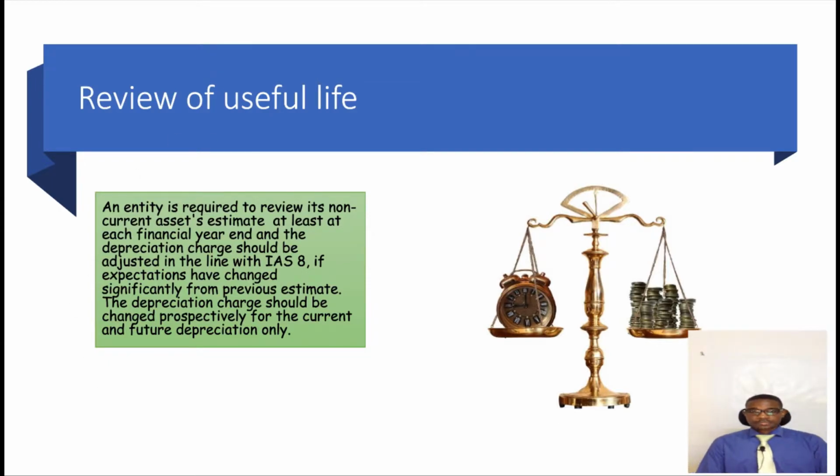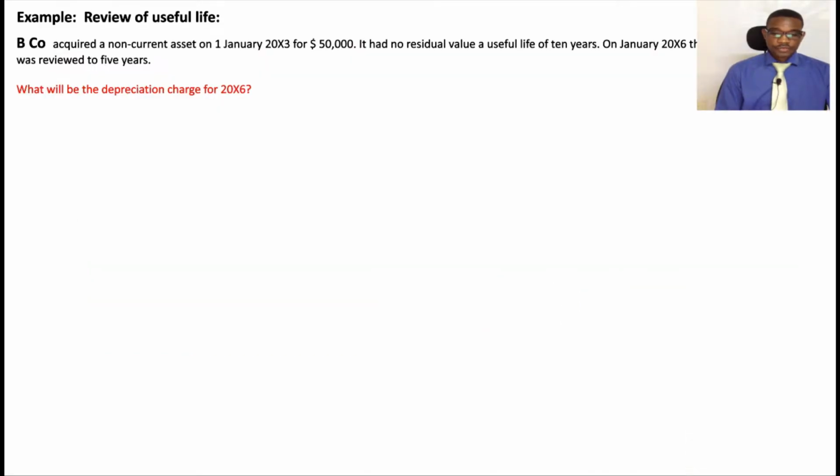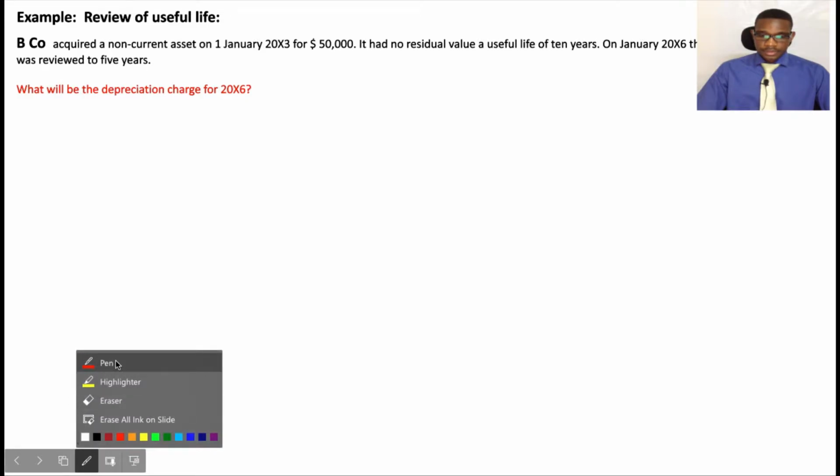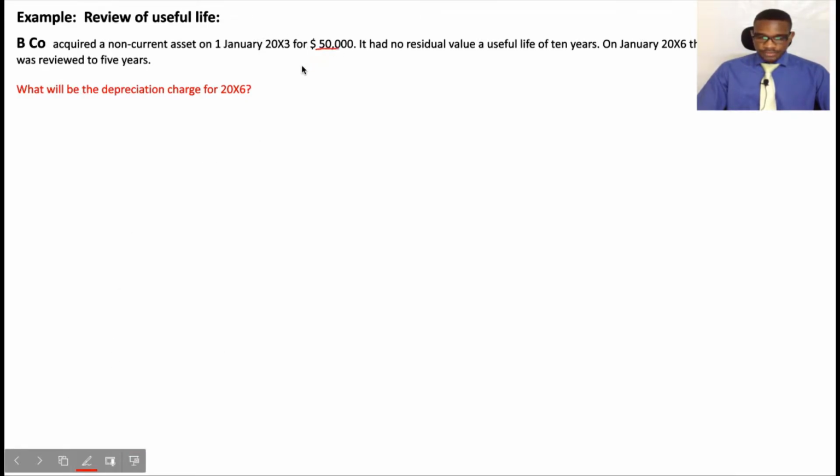Let's see this practical example: review of useful life. Bcow acquired a non-current asset on 1st of January 20X3 for $50,000. It had no residual value and a useful life of 10 years.